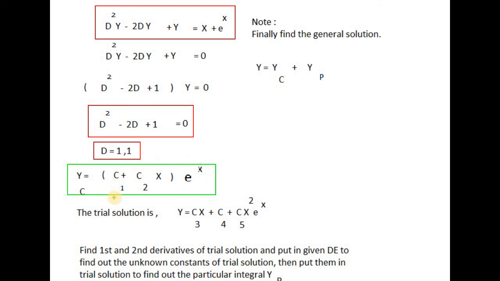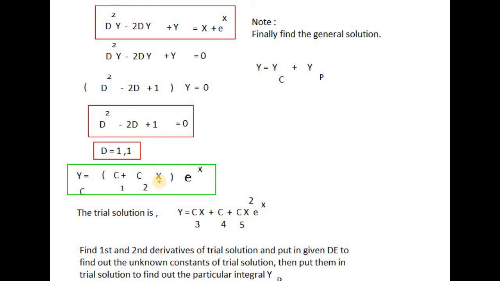On account of c2x e power x, we cannot take c5x e power x. Thus, to make it different, we have to take c5x square e power x.